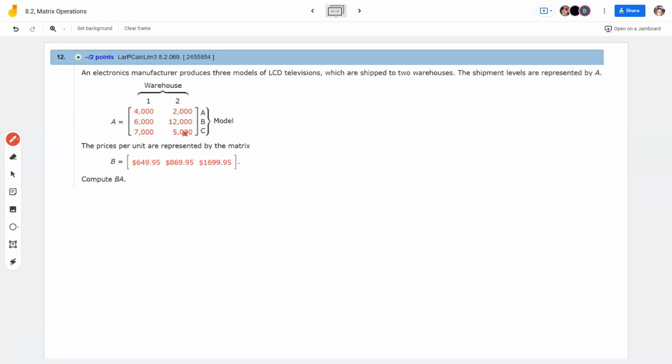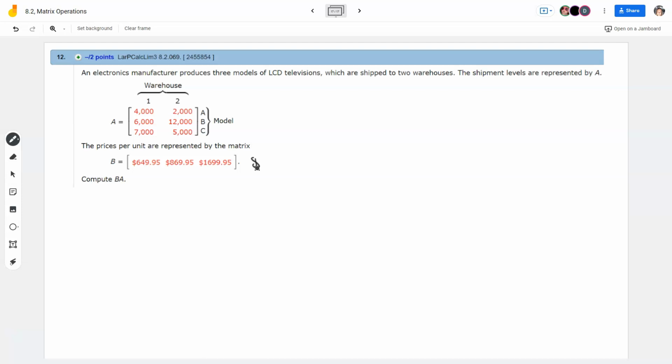If we were to label things, because this one's labeled, this one's not, wouldn't this just be price, right? But what would be up here? What would label each of these columns?